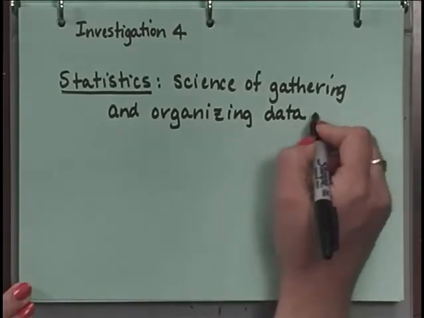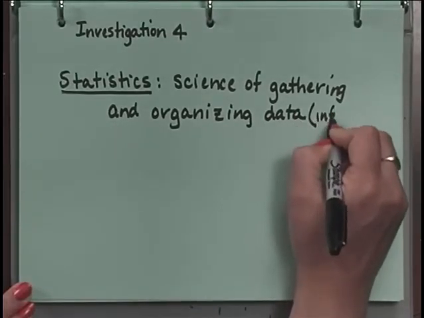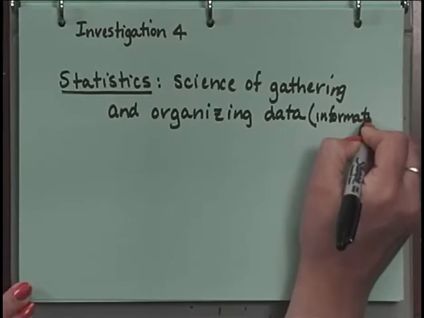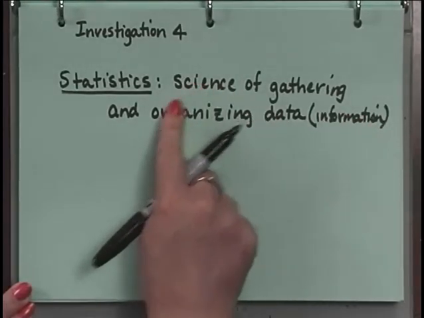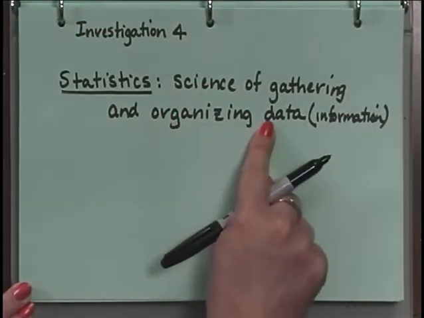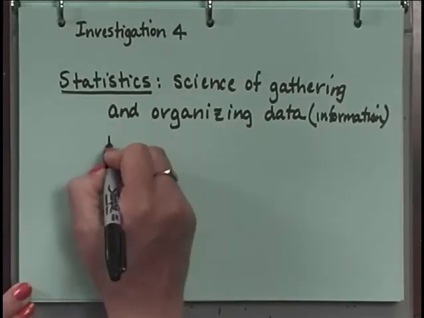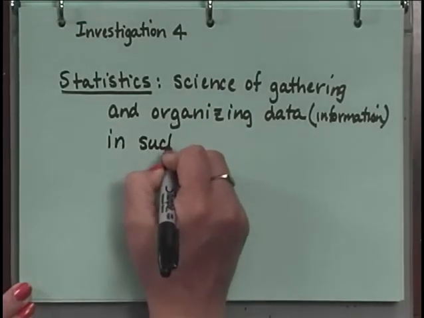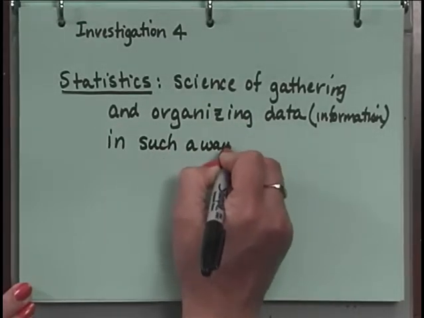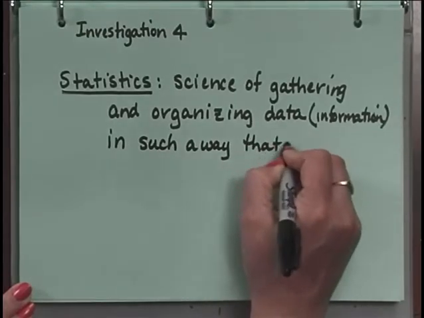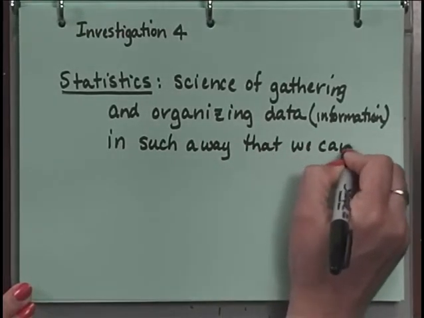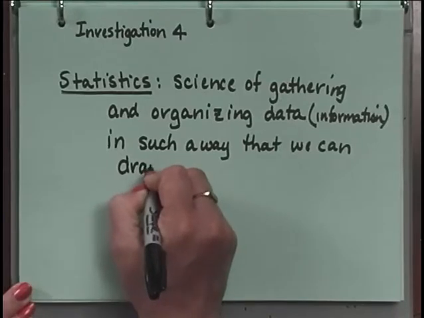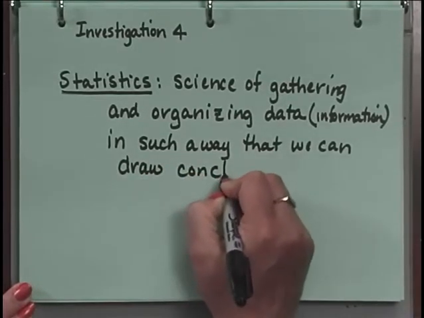Now, remember that data is just information. So that's what I mean by data. So the science of gathering and organizing data in such a way that we can draw conclusions from the data.